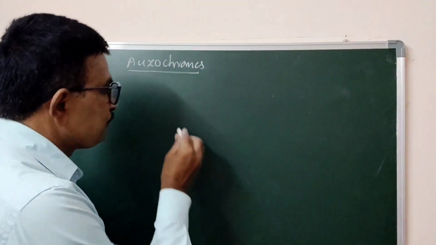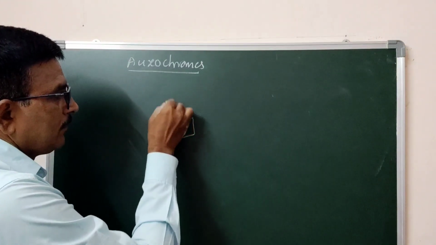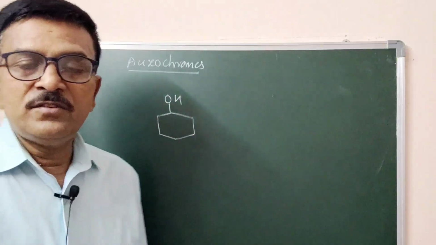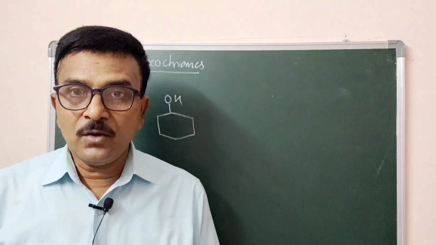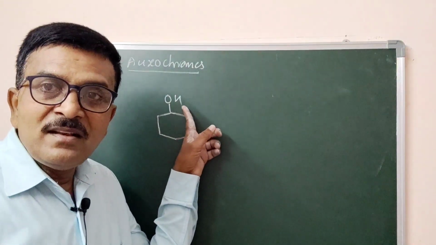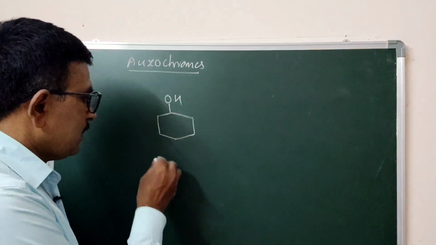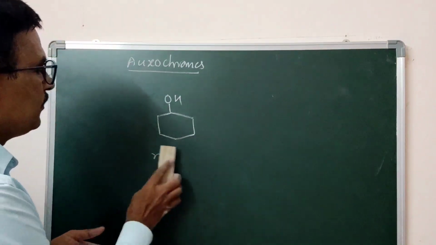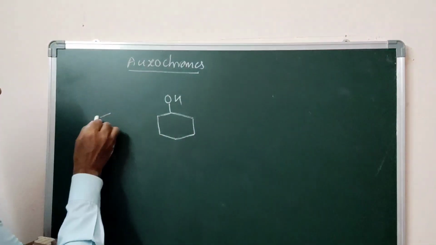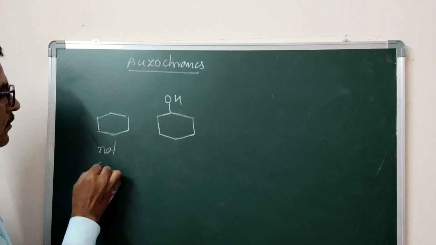For example, you take cyclohexanol. Here, with the presence of OH, this molecule is not absorbed. First you take cyclohexane, not absorbed.